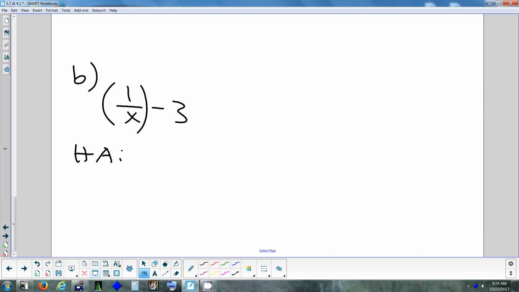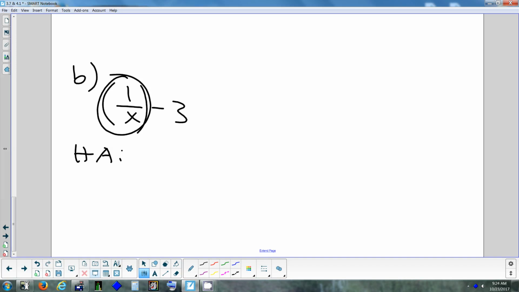What's my horizontal asymptote here? Okay. It's -3. Again, if x gets really big, this fraction gets really small. So pretend that's a very, very small fraction, like 1/1000th.